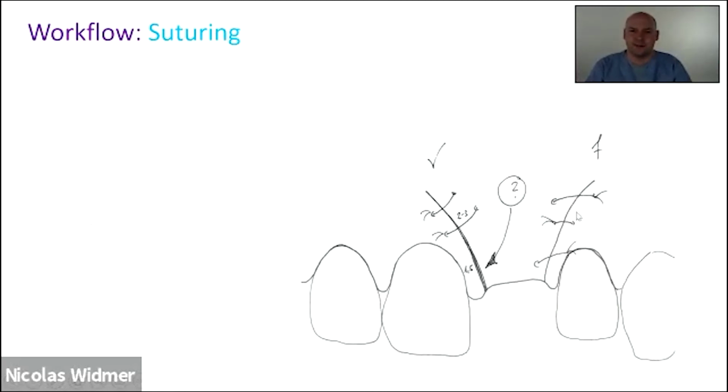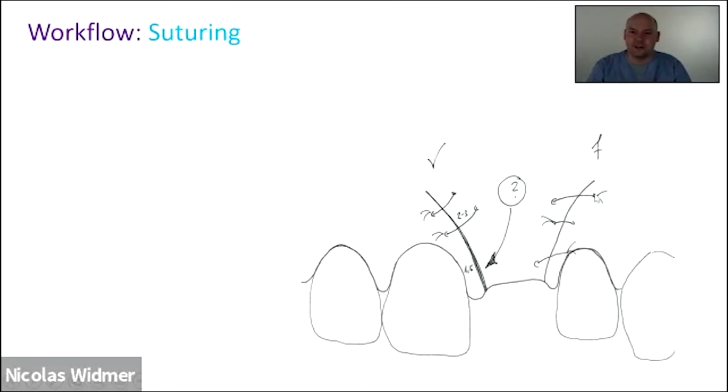What I often see, when doing the suturing of the releasing incision, is that it is orientated like this. But here, this part is fixed and the flap is mobile. So the mobile part always moves to the fixed one when you tighten your suture.